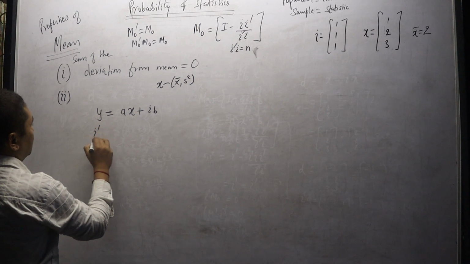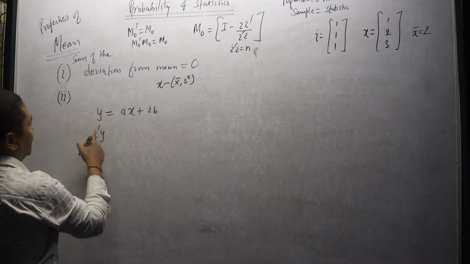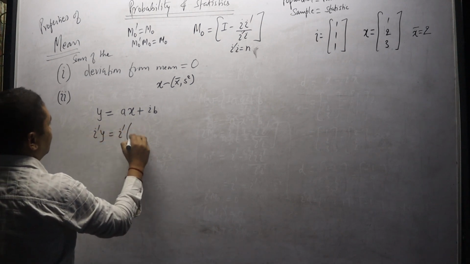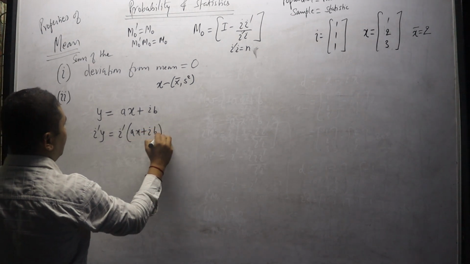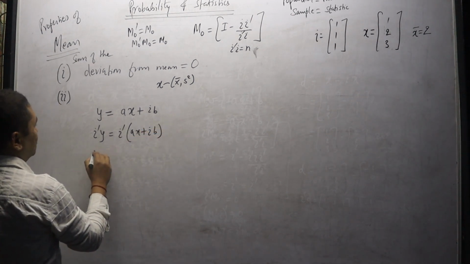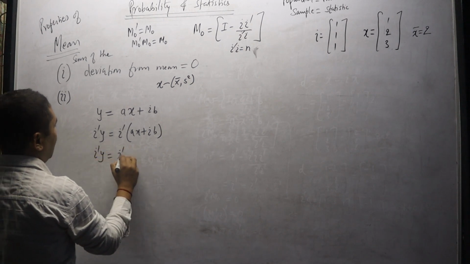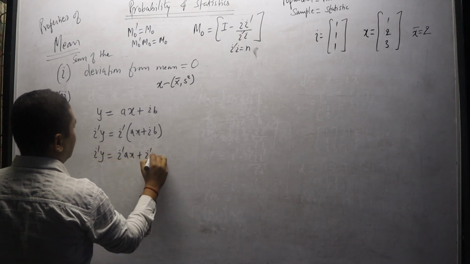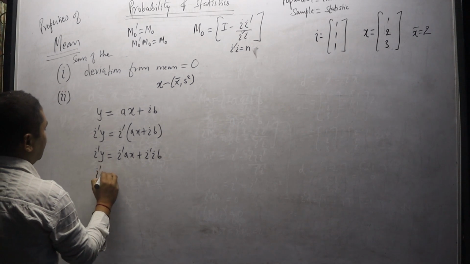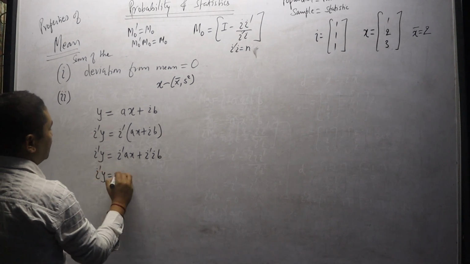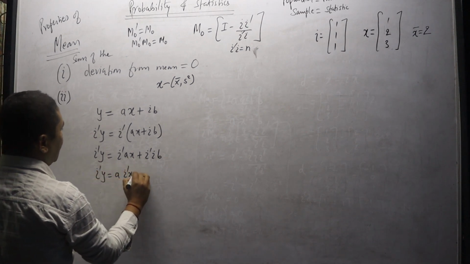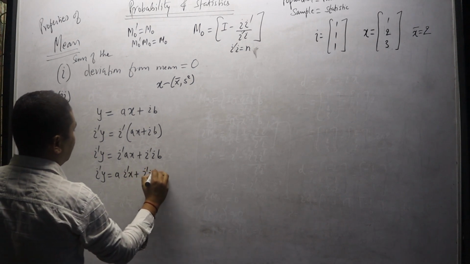To take the sum, we use I transpose on both sides. I transpose y equals I transpose ax plus I transpose ib, and as a is constant, we can take it outside: a I transpose x plus I transpose ib.